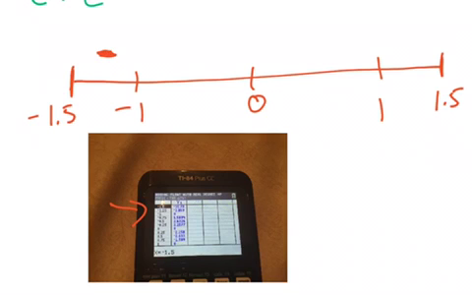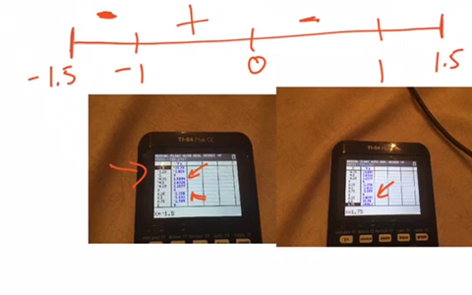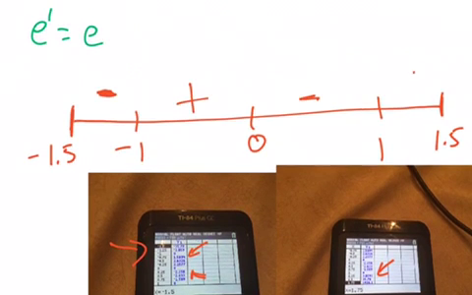At negative 0.75, it's positive. At positive 0.25 it's negative, and at 1.25, you can see that it's positive. So this one is positive. So we see that we jump from negative to positive to negative to positive.